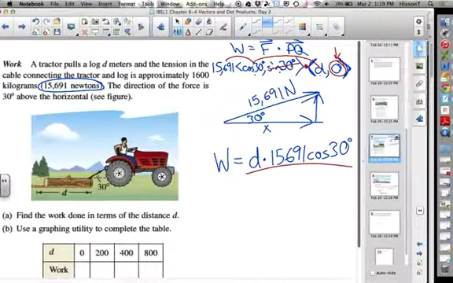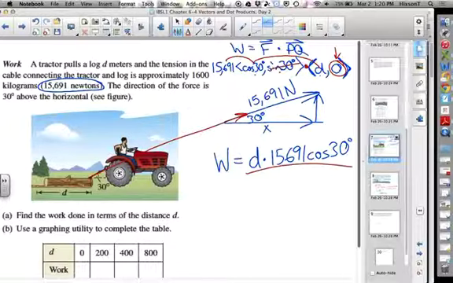Say you had it on some kind of rope and were pulling it at a 30-degree angle.